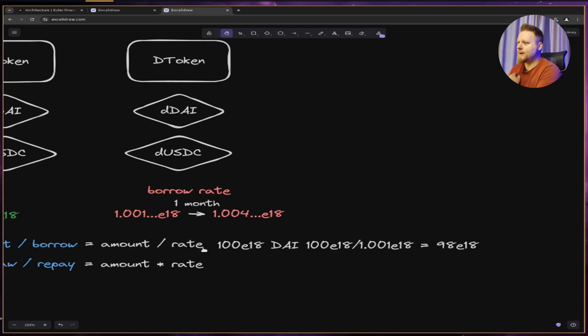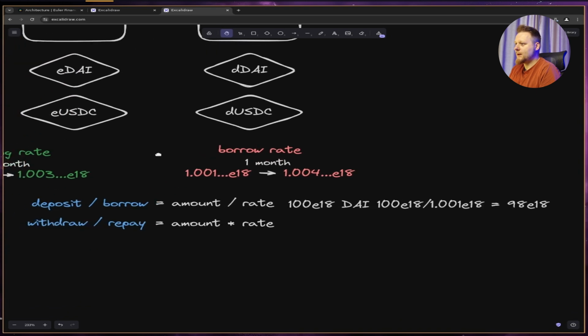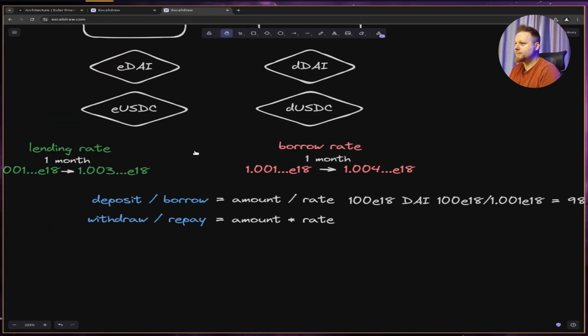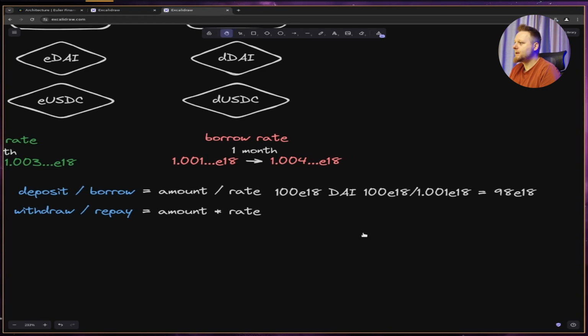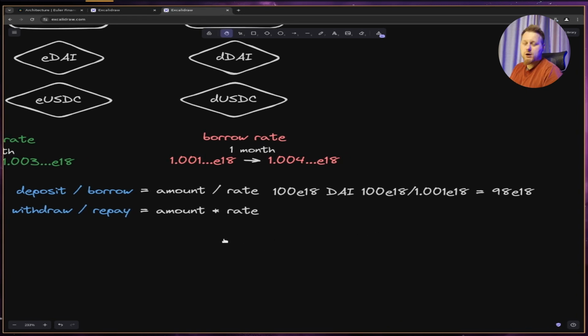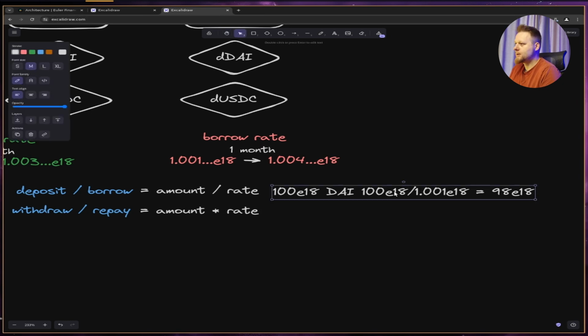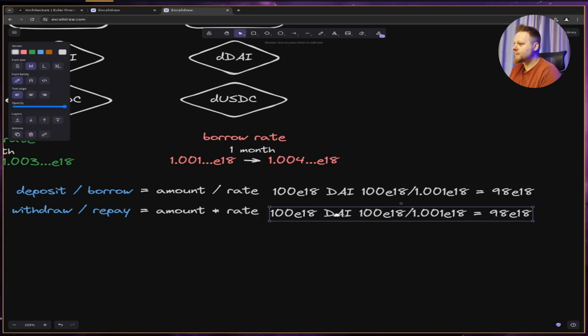So a month later, this global rate is increased slightly. Now if you want to withdraw your money, the equation is similar.